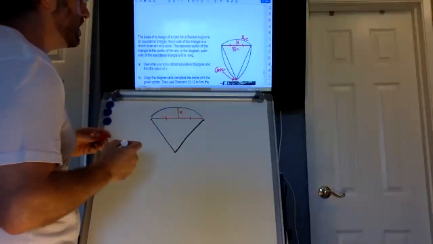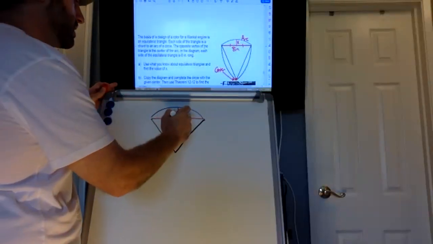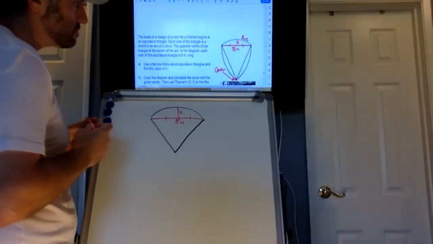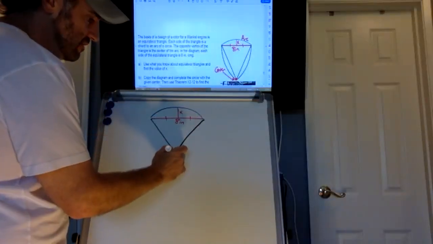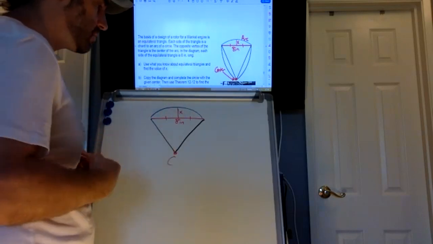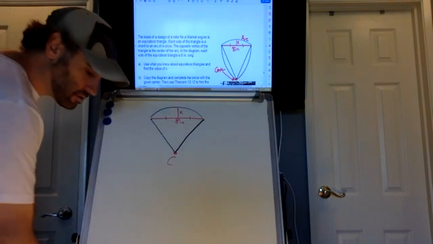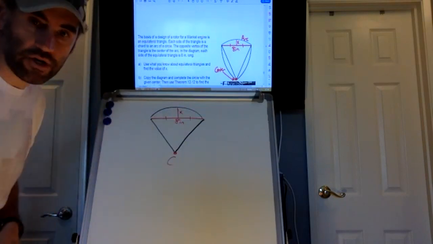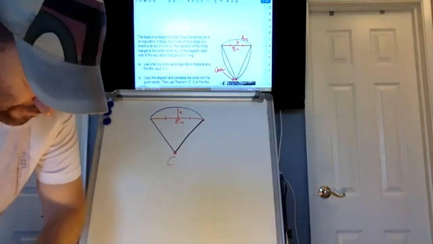That's split evenly. This whole thing is 8. This is the center of some imaginary circle. Doesn't matter in this case because we're just going to treat it as an equilateral triangle. Okay, you can put your answer in the chat.